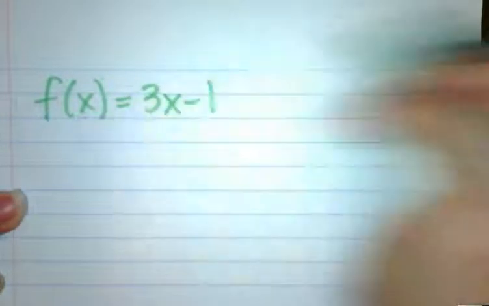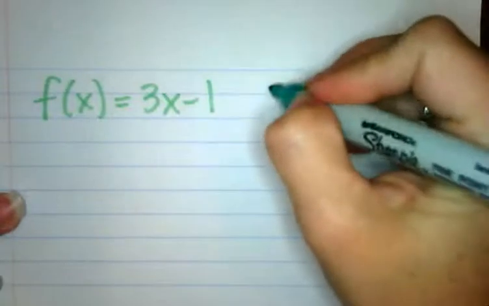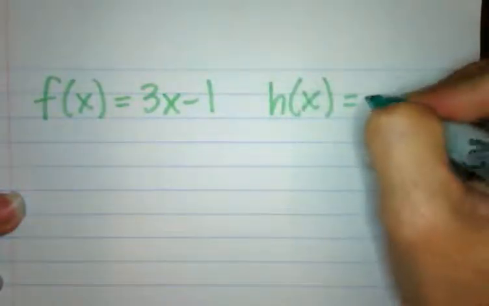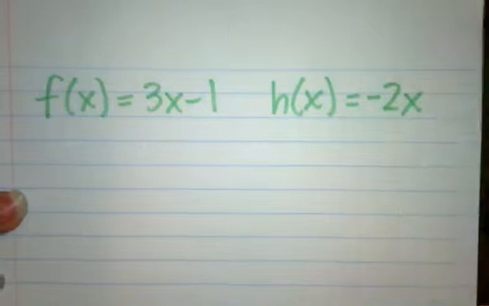Now what you guys did the other day was to work with some equations, so you're still going to be doing that. So let's say, for example, that f of x is 3x minus 1. And let's say h of x is negative 2x.